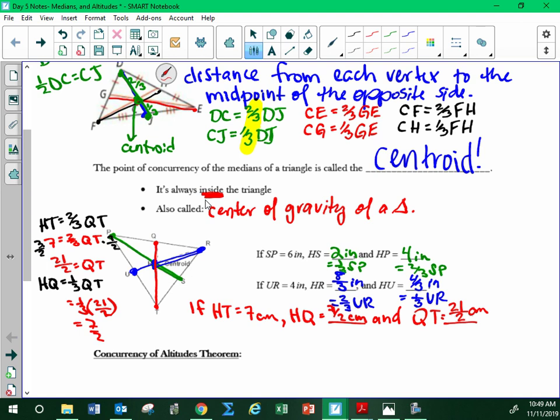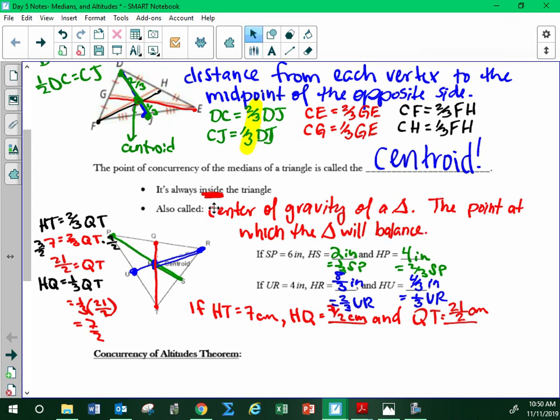Yeah, so this is the point at which the triangle will balance. We don't really do anything with it. It's more like an interesting other side of it. It's physics applied to geometry, because it overlaps.